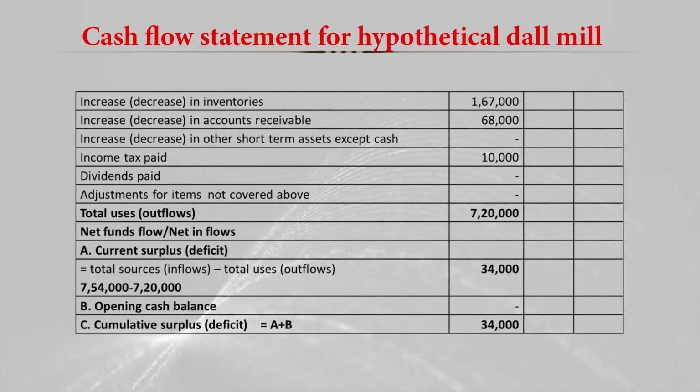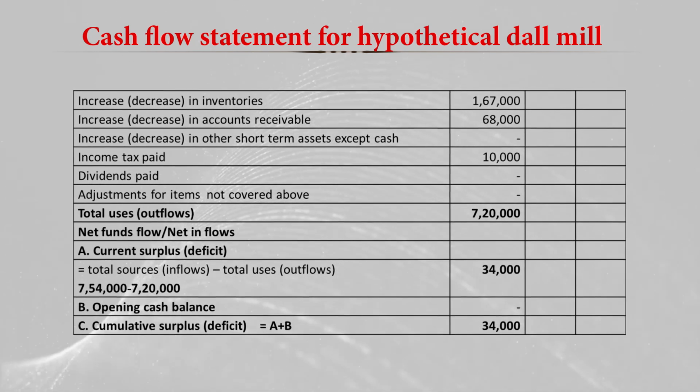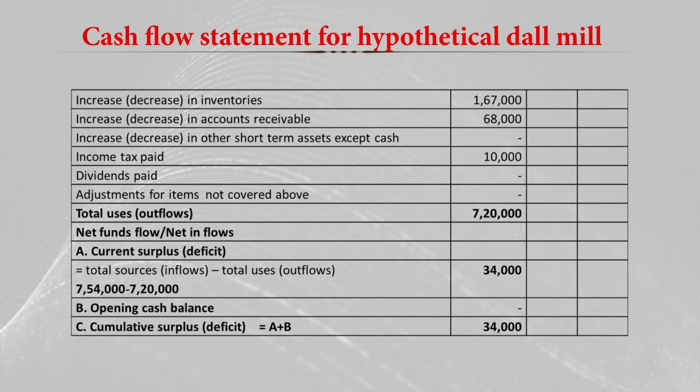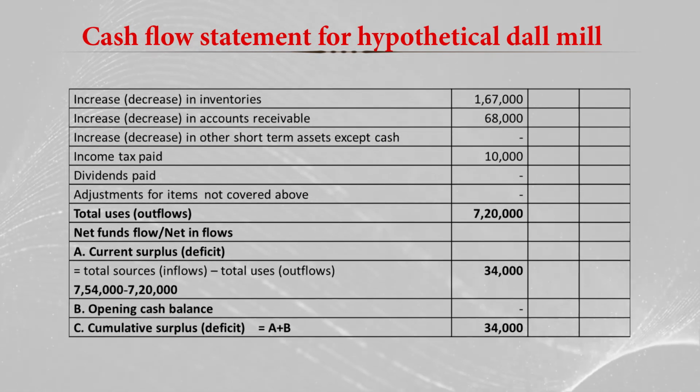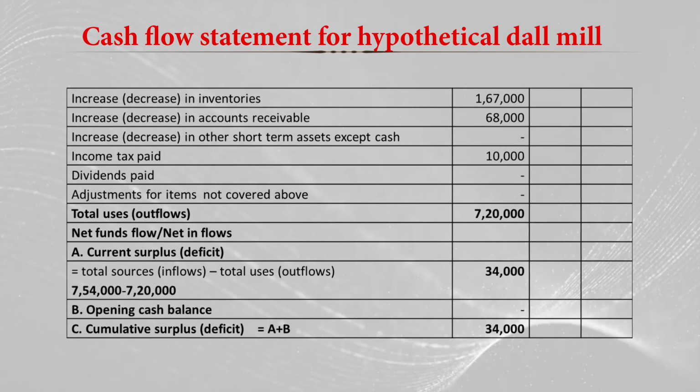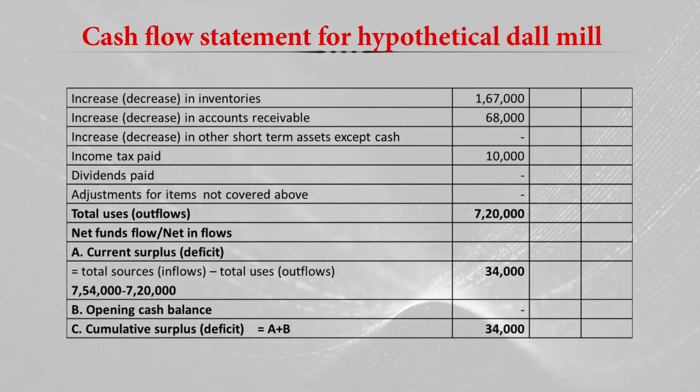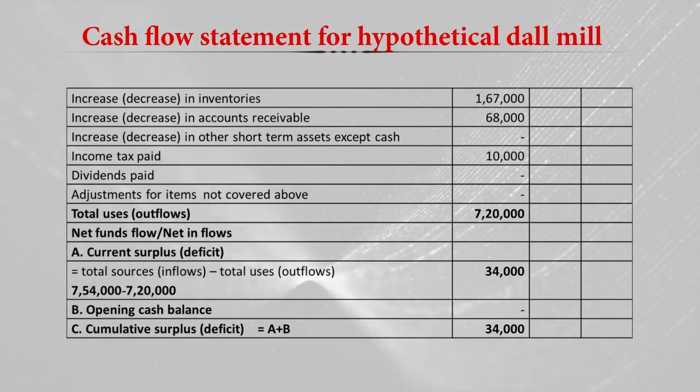So here we can calculate two or three figures, like the current surplus or deficit. The current surplus is basically inflow minus outflow, that is, total funds received minus the total usage of funds. Here the total fund received was 7 lakhs 54,000, and the total outflow or use of funds was 7 lakhs 20,000.